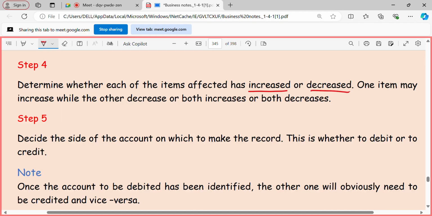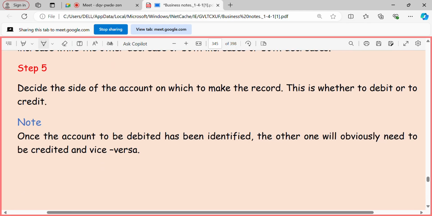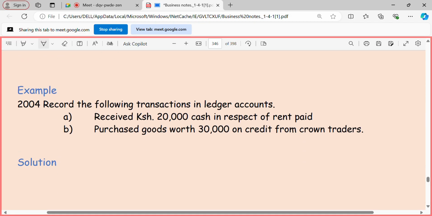Then the second step, check the items that are affected by the transaction, name them, and every transaction must affect at least 2 items because iko na concept of double entry. So lazima ujaribu kuona hii kitu utaiweka aje mara mbili. Then classify each of the affected items as either assets, liability, capital, expenses, revenue, or even drawing, whatever we talked about.